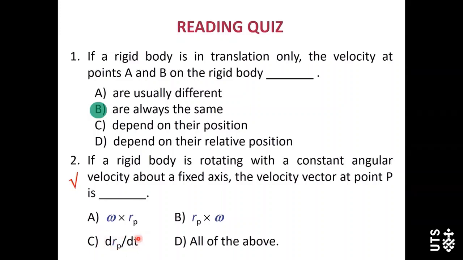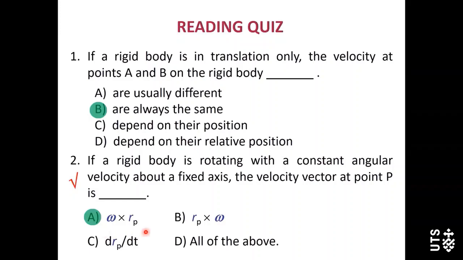C is not correct. dRp/dt gives us velocity, not angular velocity. How about A and B? And here, the correct answer should be A. Omega cross product Rp.